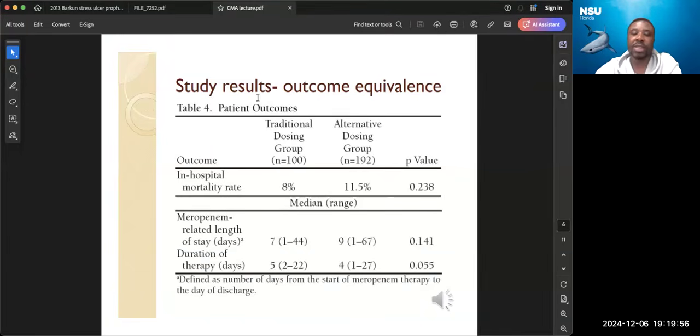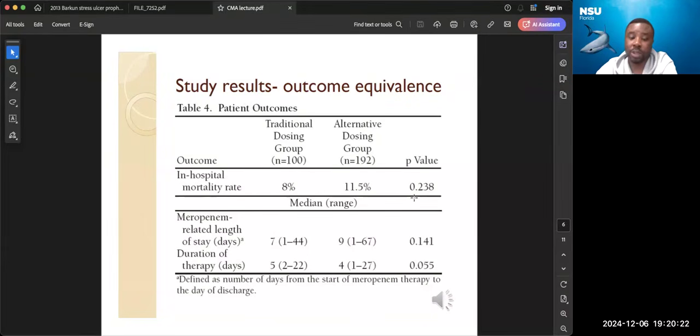You need to show that these drugs have the same outcome. For example, this is an antibiotic, so they treat the same kind of bacterial infection, and you have to prove that with a statistical test. Even though they found a difference, from a statistical point of view there is no difference.